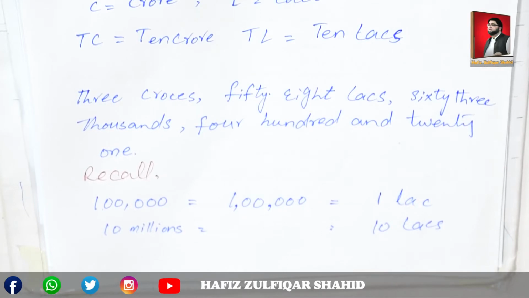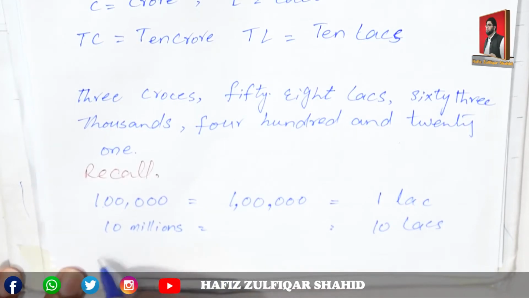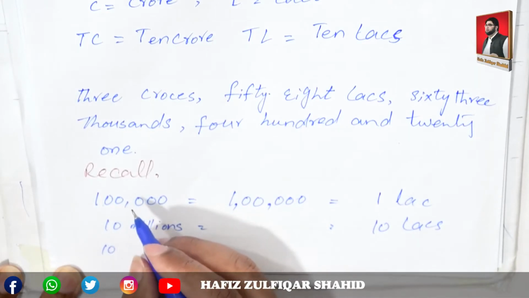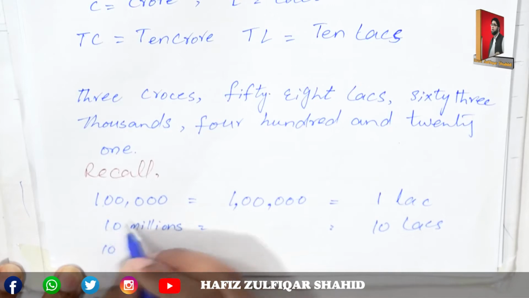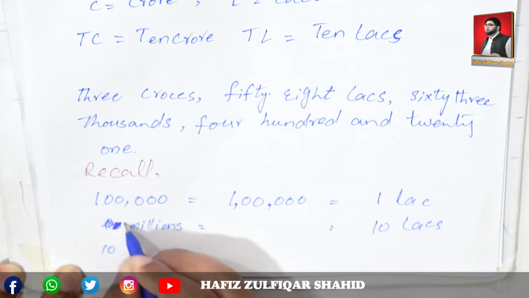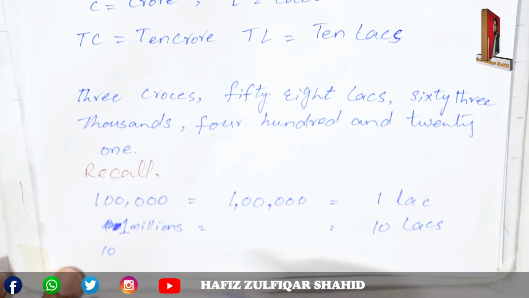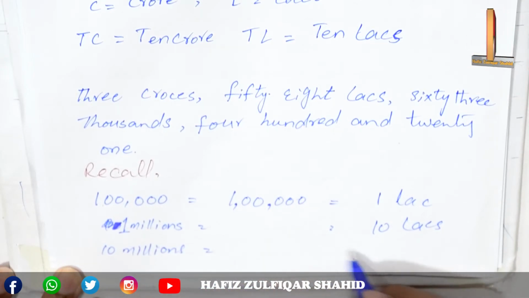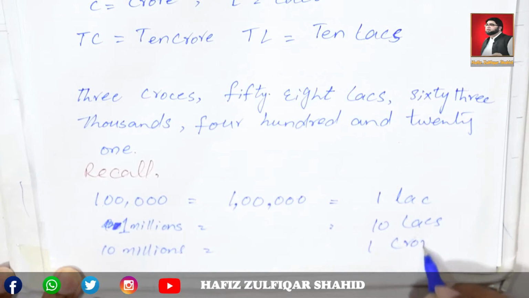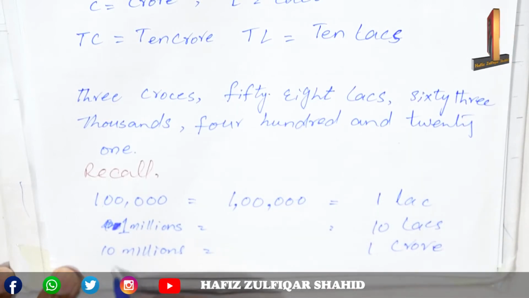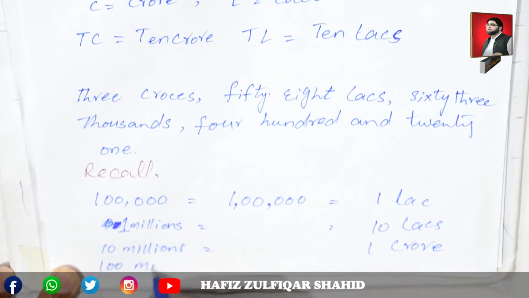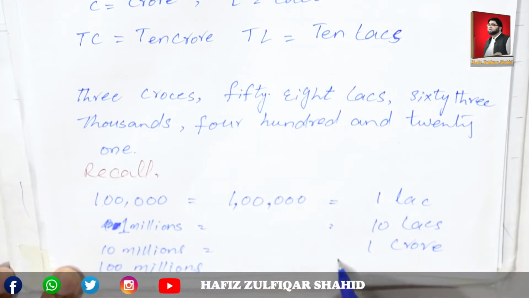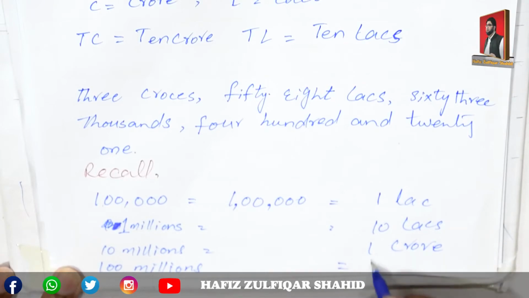Ten lakhs, this is 1 million. 10 millions equal to 1 crore, and 100 millions equal to 10 crore.